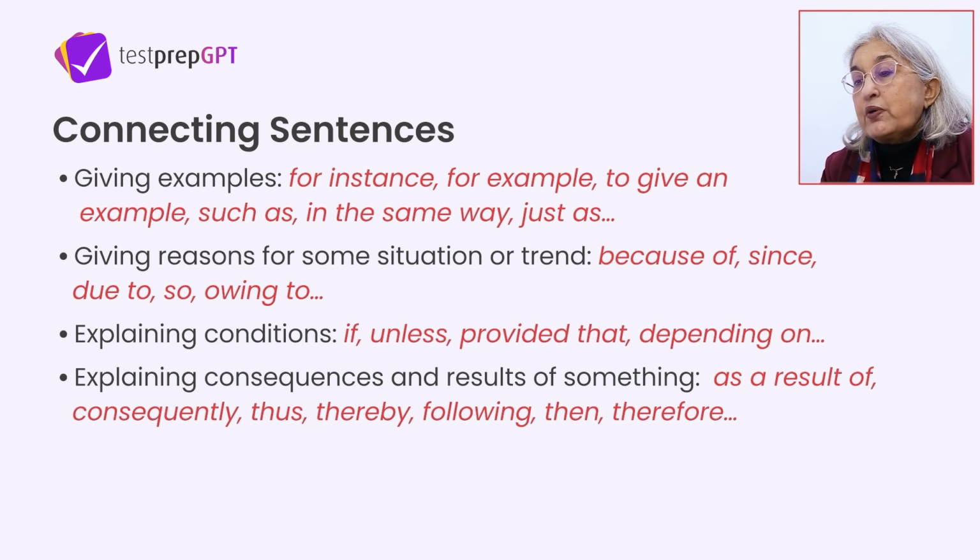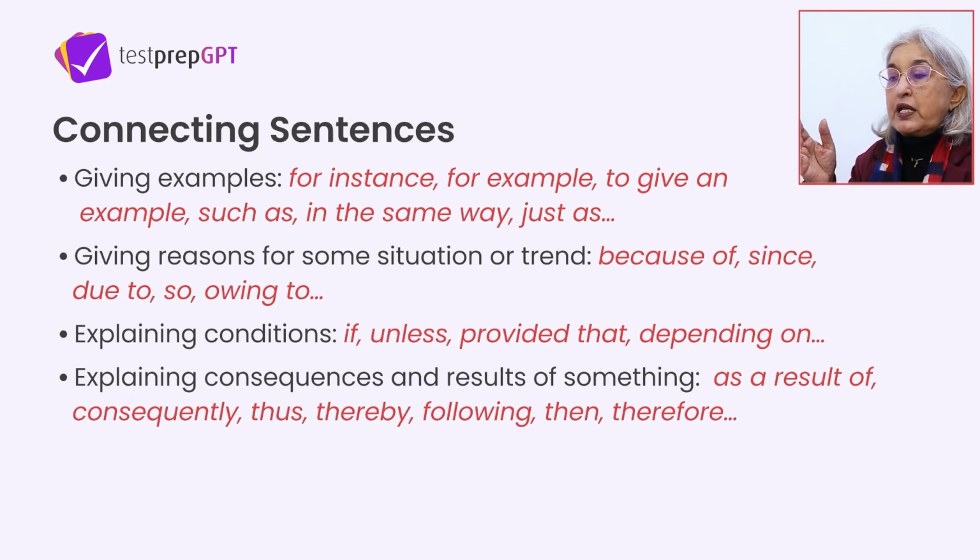But when you say consequently, you mean that the thing which happened later depends upon the thing which has happened earlier. So if you say that there is a growth of population in the cities, you make a point like this, that there has been a great expansion and growth of population in the cities. Consequently, so consequently means as a result of that. Consequently, there is a lot of pressure on the water and electricity resources.